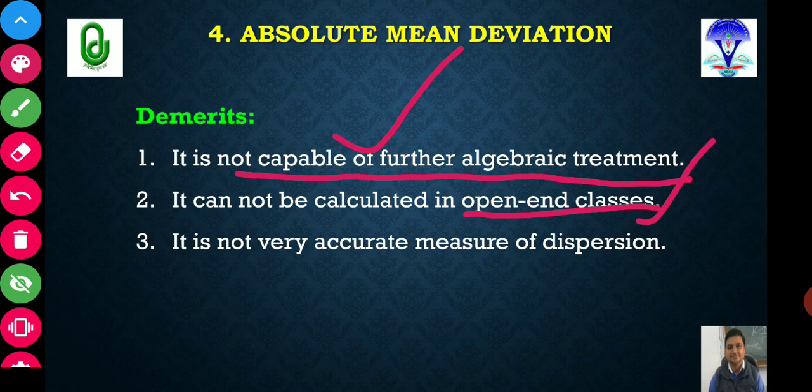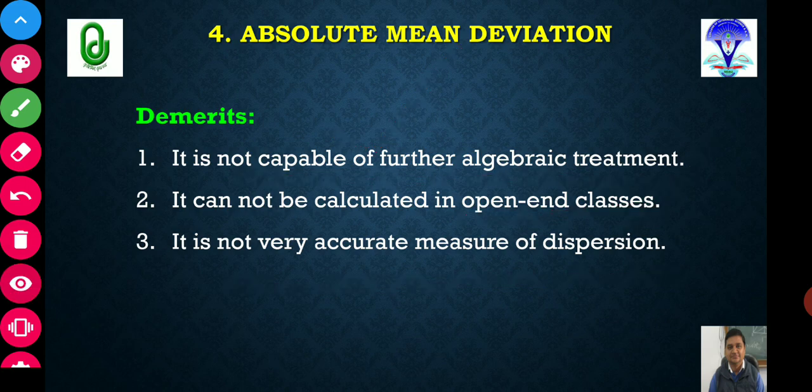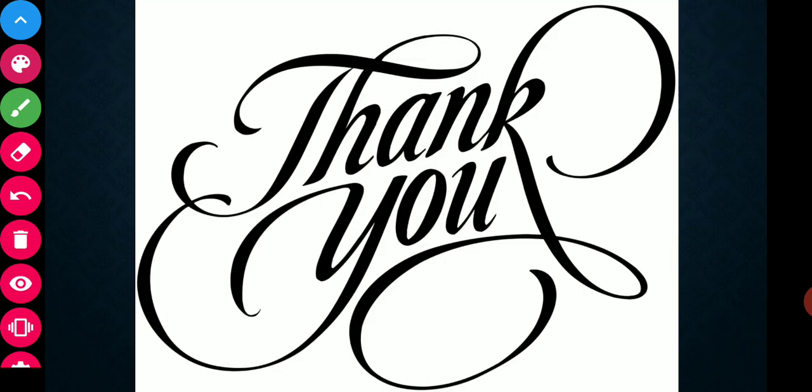Then it is not a very accurate measure of dispersion. Obviously there are many other measures which are more accurate. So absolute mean deviation is not as accurate as the variance or standard deviation. So these were the demerits of absolute mean deviation.